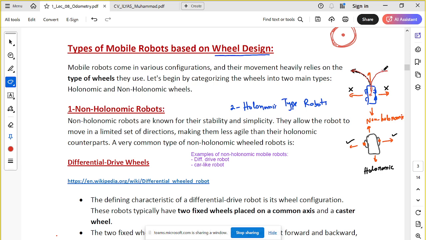This kind of constrained wheel design is called non-holonomic. But holonomic design means that you can move your robot left and right, forward, backward, and sometimes sideways, in any direction. This kind of wheel configuration is called holonomic robots.